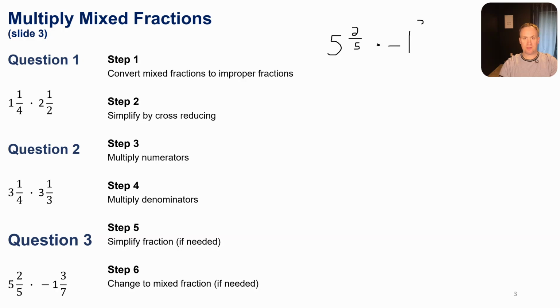So 5 and 2/5 times 1 and 3/7. So I'm going to convert the mixed fractions to improper fractions.